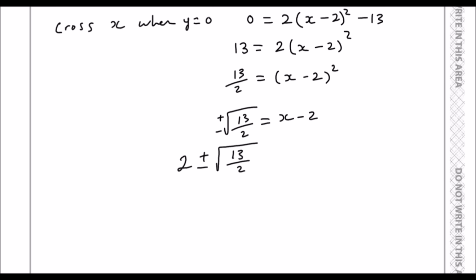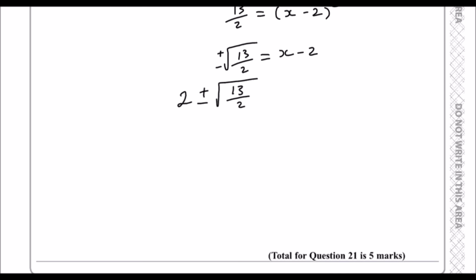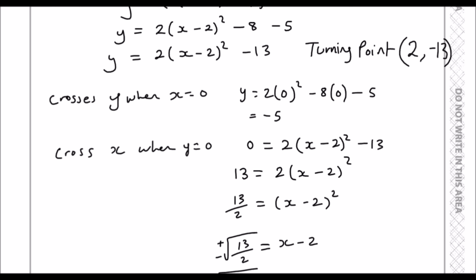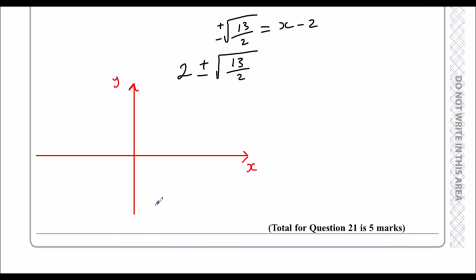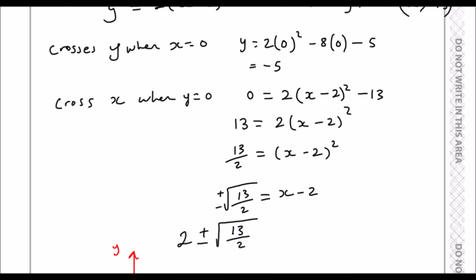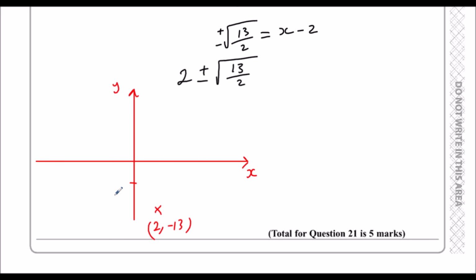So now we can do our sketch. So we've got x and y. So we've got our turning point at 2, minus 13. And it crosses the y-axis at -5.